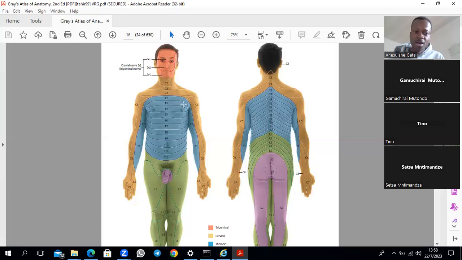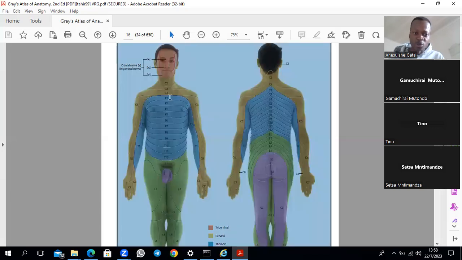For example, I can map out the T2 dermatome here, going all the way into the axilla. That's skin innervated by the T2 spinal nerve. It also extends to the back there. So dermatomes are just areas of skin supplied by a particular spinal nerve.